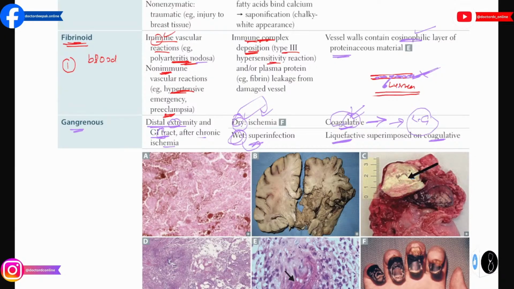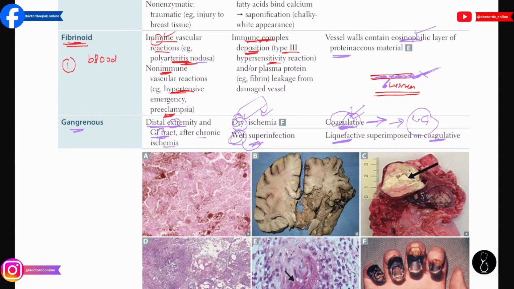So if the death of the tissue occurred through coagulative necrosis, and after the death the tissue gets superimposed infection, it is going to convert into liquefactive necrosis. So these are the examples of gangrenous necrosis.